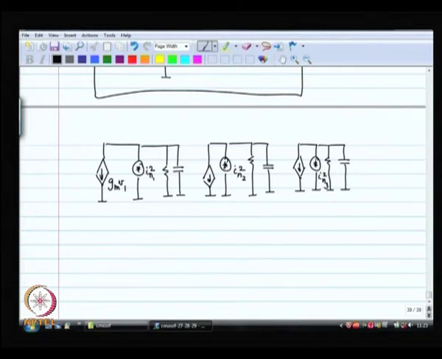This is going to be my scenario, and let us say that I am going to take the output from here.